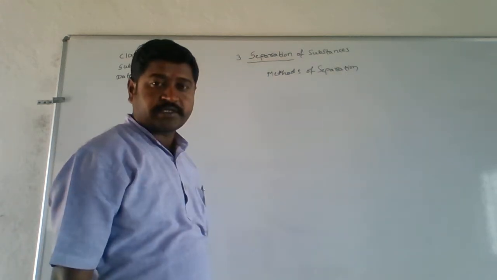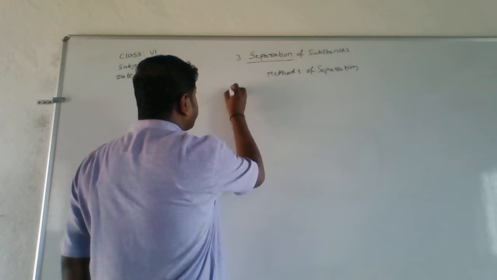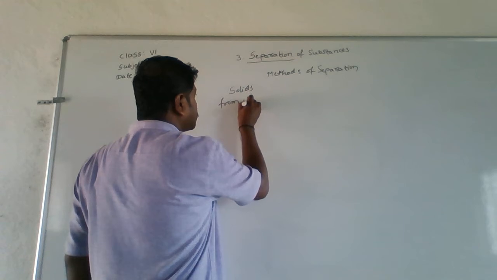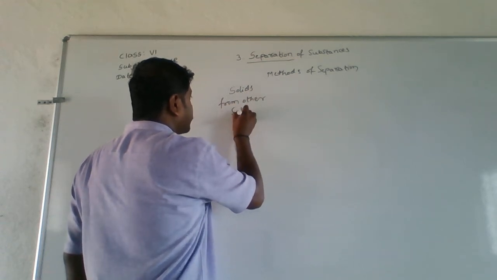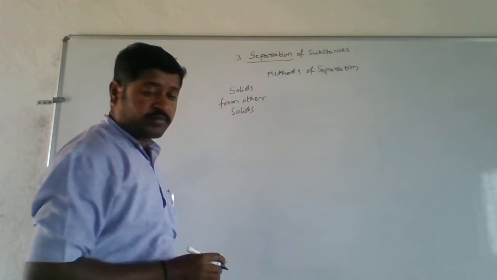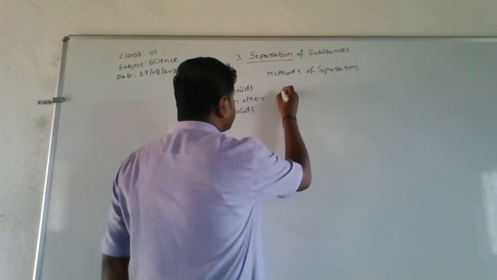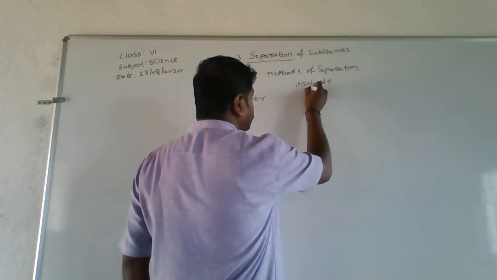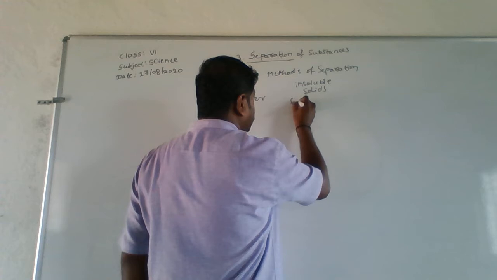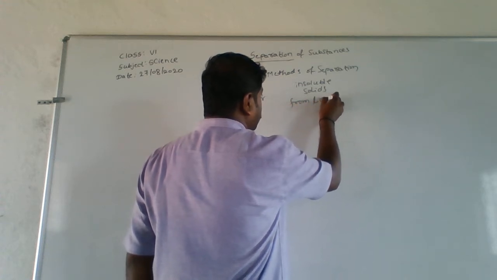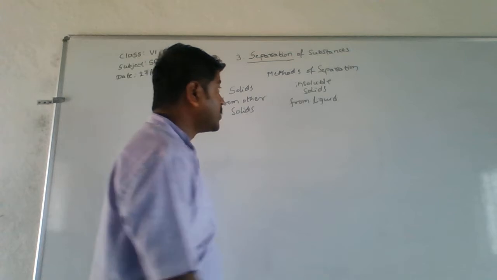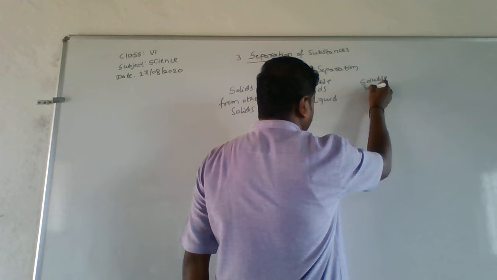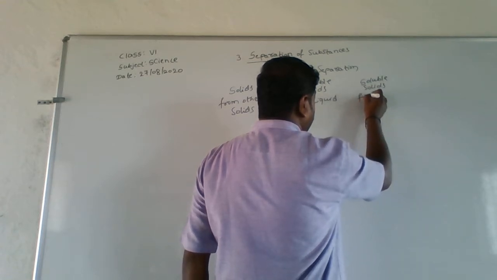In the methods of separation, we have the separation of solids from other solids, then the separation of insoluble solids from liquids, and the third is soluble solids from liquids.